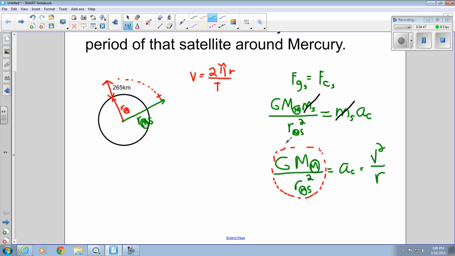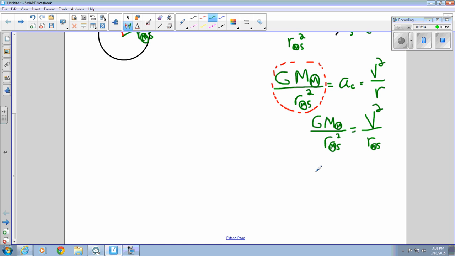If we do a little rearranging algebraically, multiplying the r over, that cancels out one of the radii, and then we take the square root of both sides.